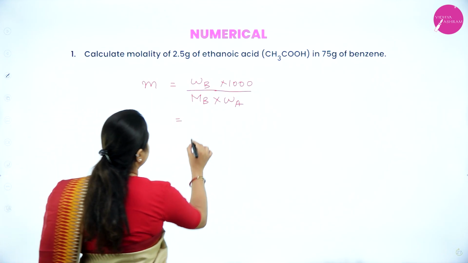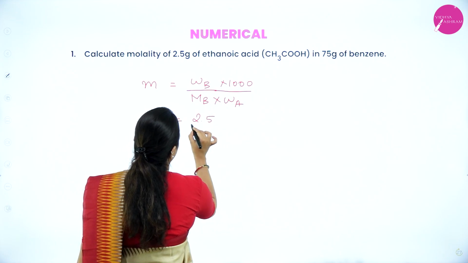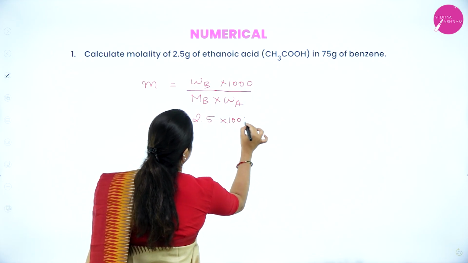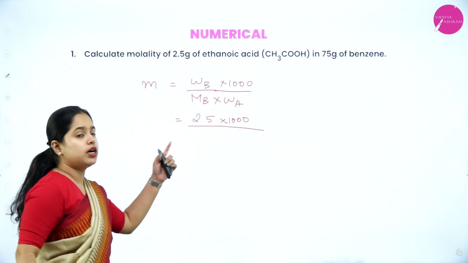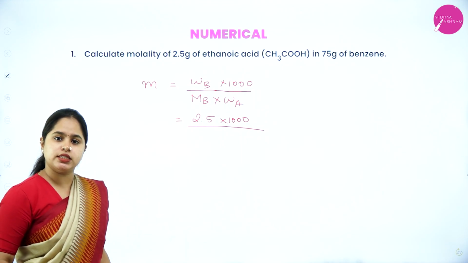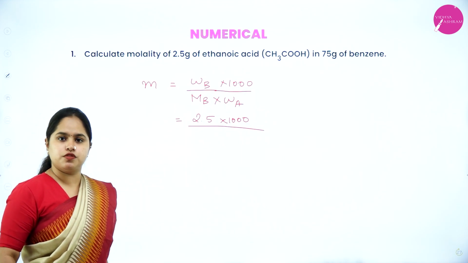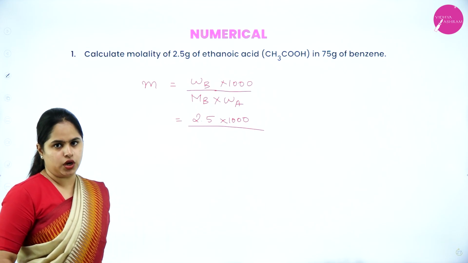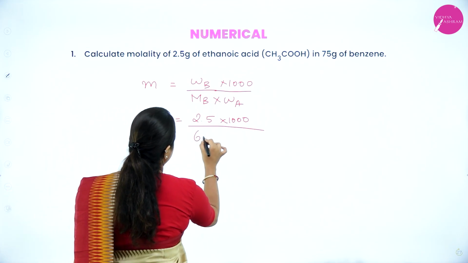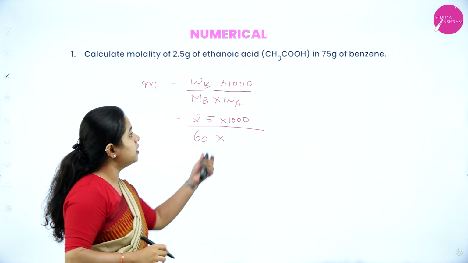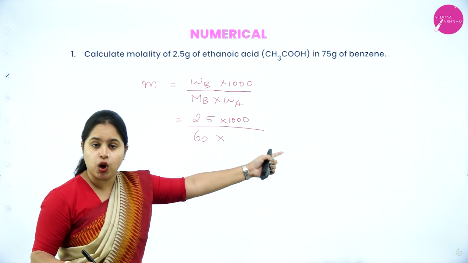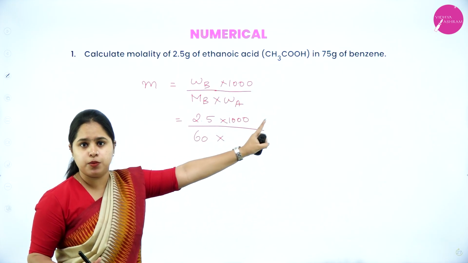Mass is given here. So 2.5 into 1000 divided by the molar mass of ethanoic acid. How do you calculate it? Same way, the atomic mass of each of the atoms present in here, you have to add it, which is equal to 60. And what is the mass of solvent present there? It is 75 gram of benzene, right?